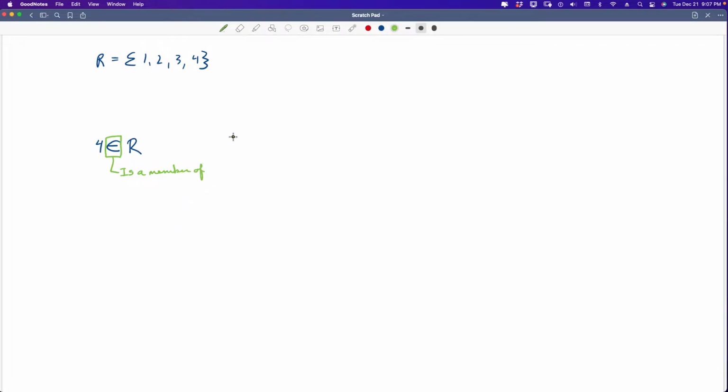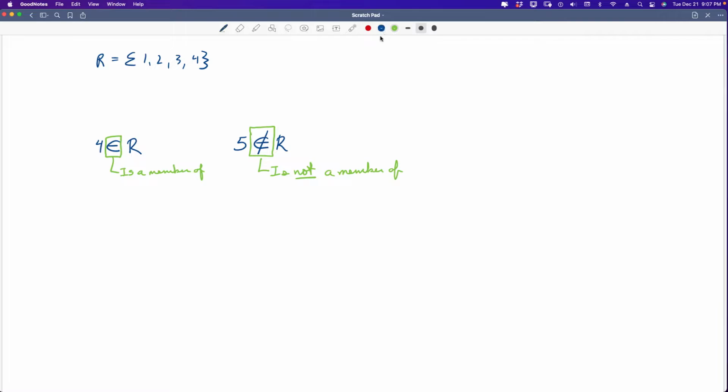By the same token, I could say that 5 is not a member of R. This symbol right here means "is not a member of" whatever the set is that's listed.